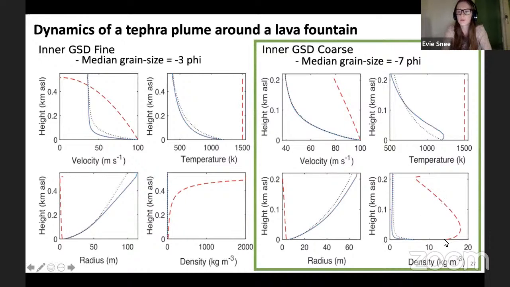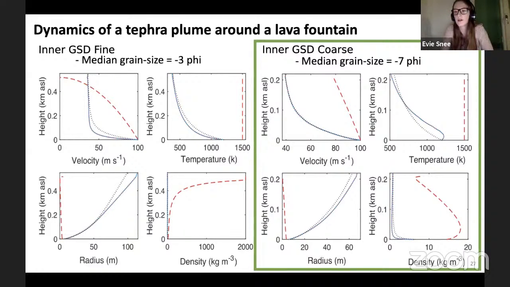I also just want to bring your attention to the density profile of the lava fountain here in this red line, in this bottom right-hand plot. And we can see initially the density of the lava fountain increases. And this is because we have a lot of entrainment out with it as the velocity is high. So we're losing gas and have more of the solid.